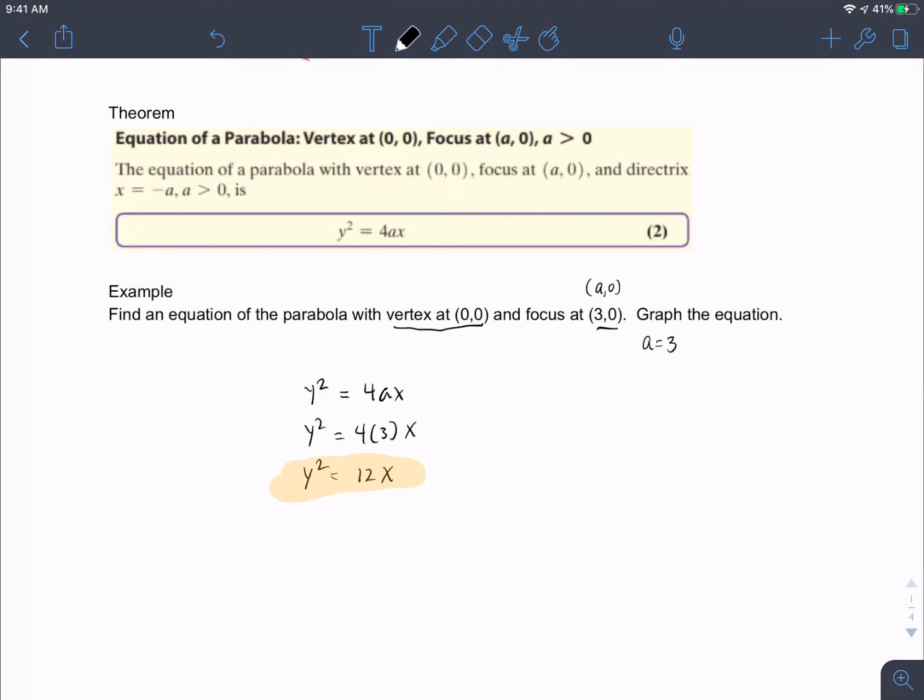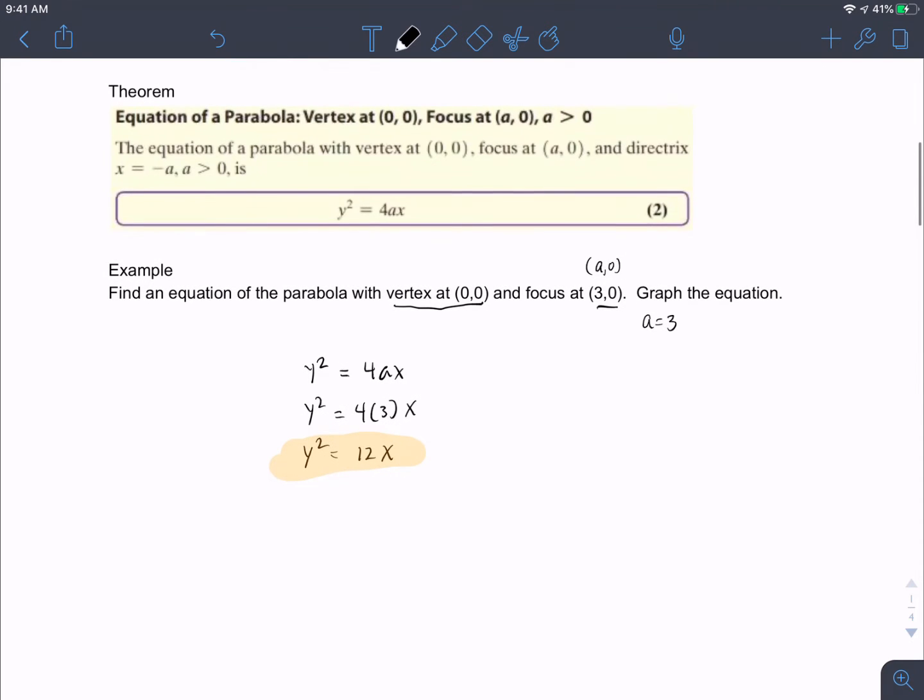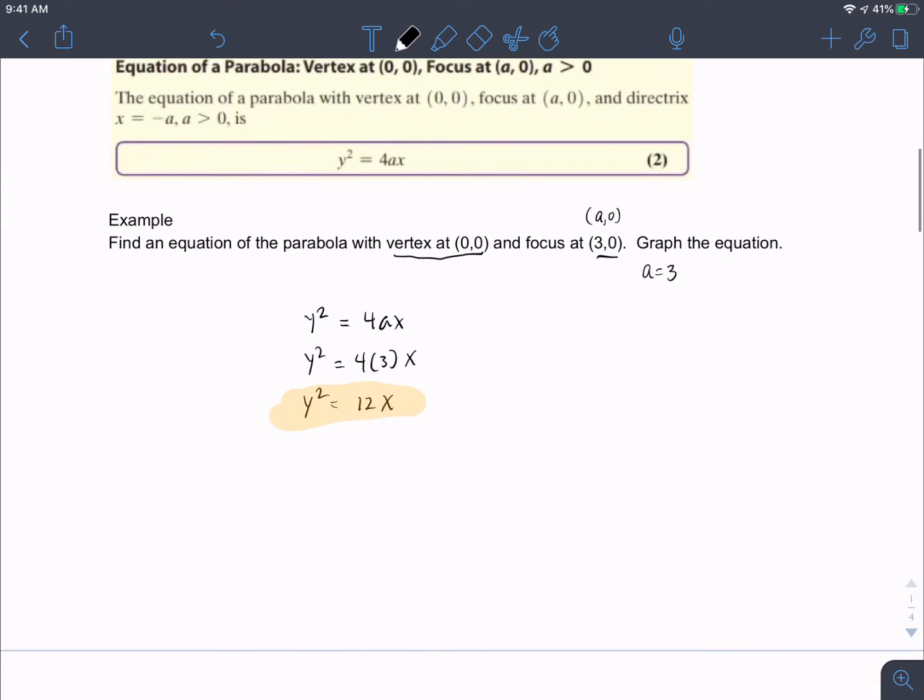And what we can do is plug in our value at the focus to be able to find 2 points on the parabola. So if we do that, y squared is equal to 12 times 3, because the focus occurs at x equals 3. So y squared is equal to 36.